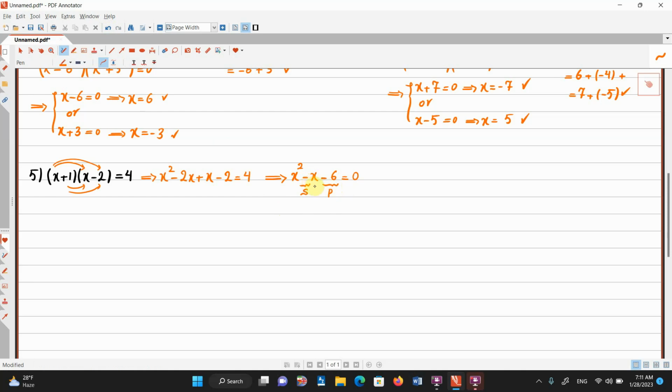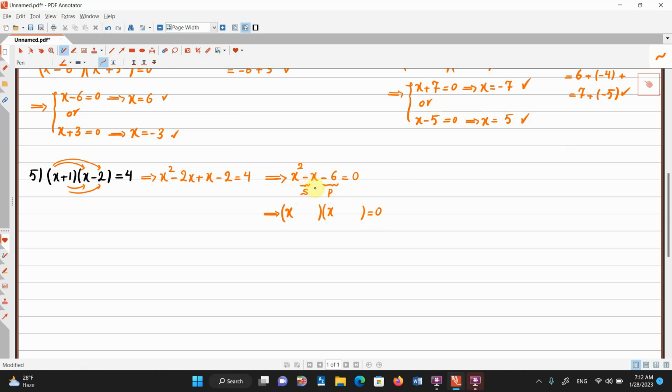Then the absolute value of -1 will be bigger. I'm going to use the sum and product method. To use the sum and product method, I'm opening two parentheses and I put the result equal to 0. In each of these two parentheses, the square root of this term, x², should come, and the square root is x, and x here, another x here.